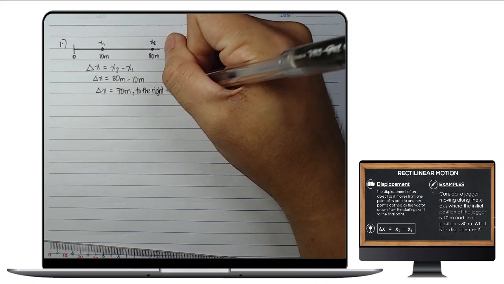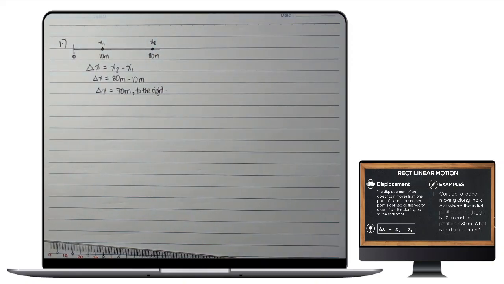Some may define it as 70 meters in the positive x direction, because oftentimes the direction going to the right, or eastward, is considered the positive x, whereas going west, or to the left, is considered the negative direction. In this case, its magnitude is 70 meters and its displacement is going to the right.